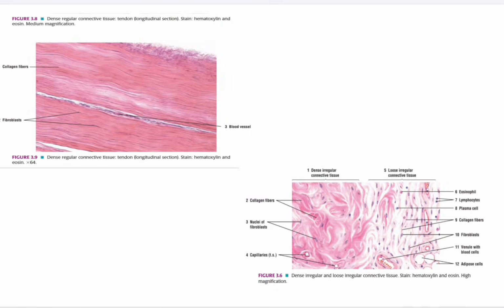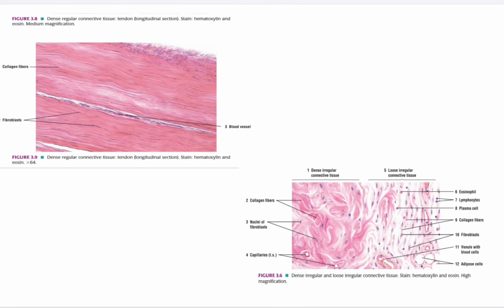All these are smooth muscles. And connective tissue is also present. But in the alimentary canal, the connective tissue is not dense regular connective tissue. As I have mentioned, dense regular connective tissue is found in the tendons or ligaments.